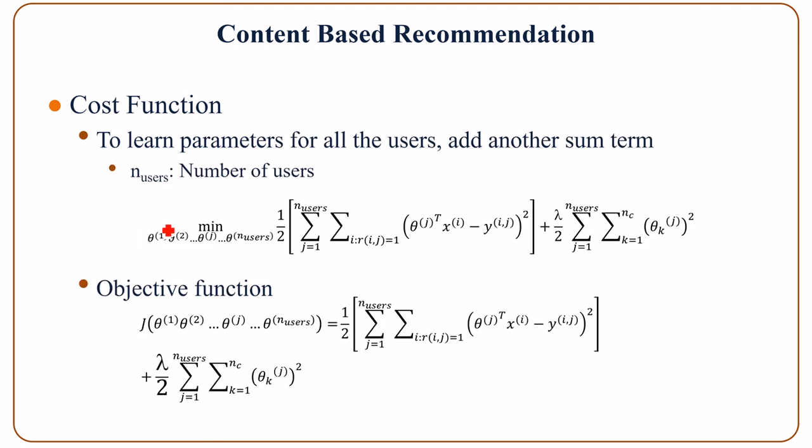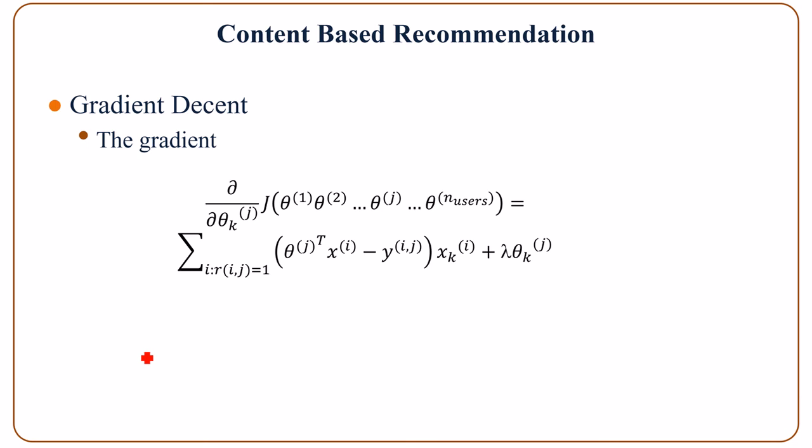So what we do here is add a sum for all the users in the cost function, and now we minimize the cost function for all the users. Now let's denote the function that we need to minimize J. This is the objective function. Taking the gradient of the cost function with respect to theta k j, where theta k j is the parameter theta k for user j, then we have this.